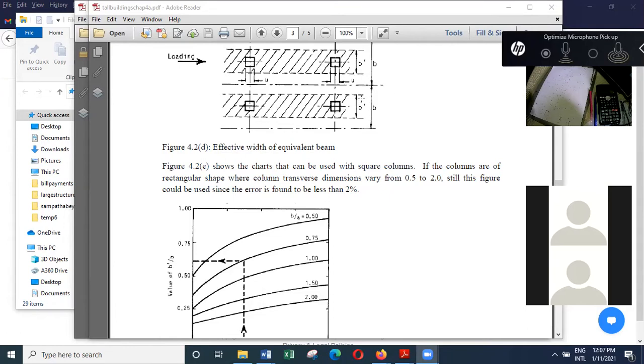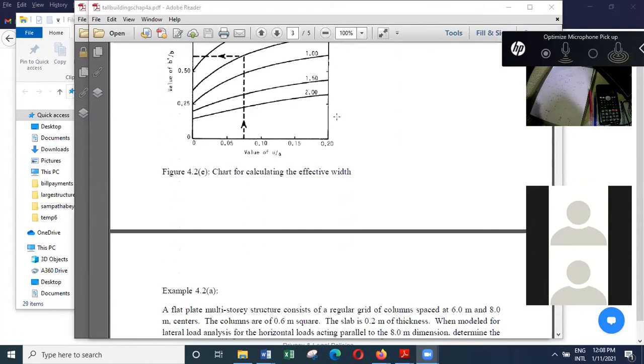So basically we say B dash is equal to B by 2 when you are analyzing the structure for lateral loads. This only comes up in structures having flat slabs. But in normal beam slab construction, we don't get this type of problem because connecting the columns we get beams, so we directly represent the beams.